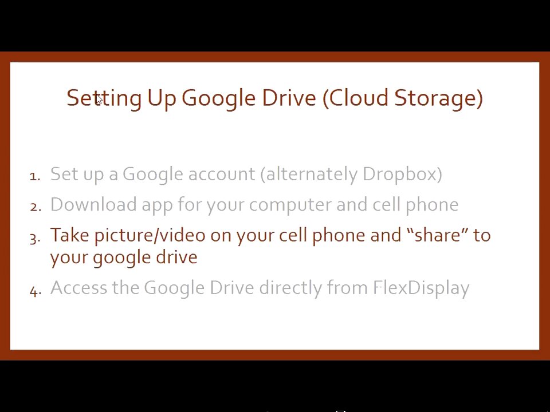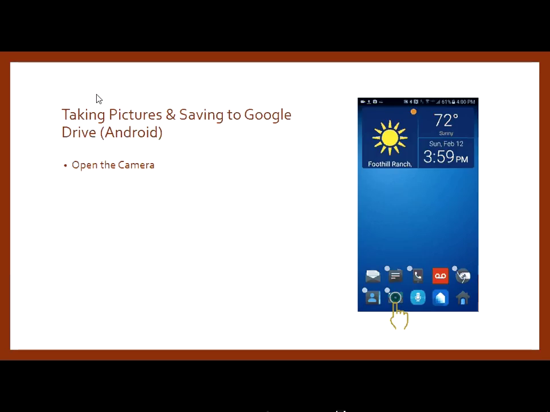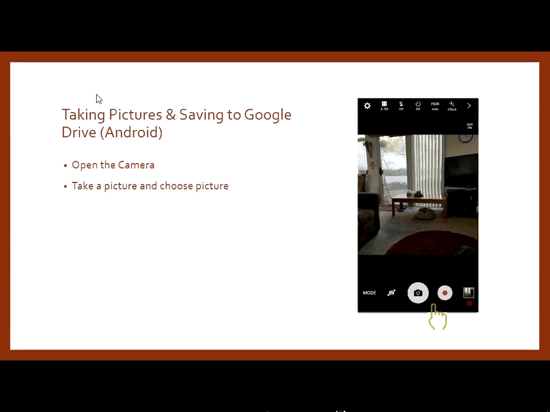Okay, now the next step is to take your picture on your cell phone and save it or share it to Google Drive. Let's start with an Android phone. So first thing you have to do is open your camera app, take the picture, and then choose the picture on the bottom there.